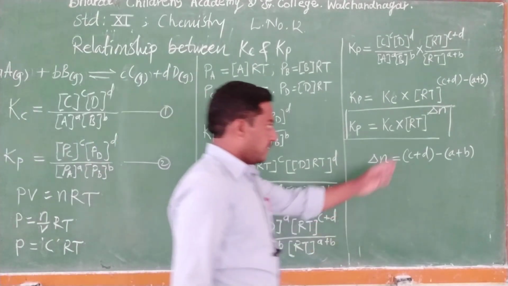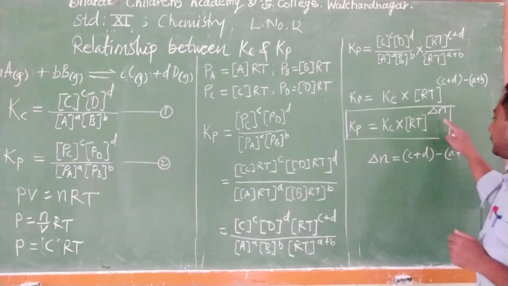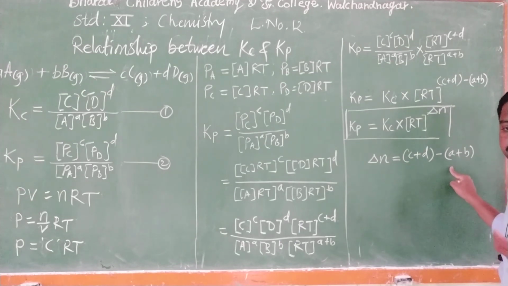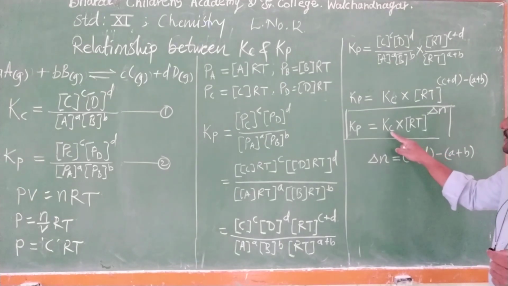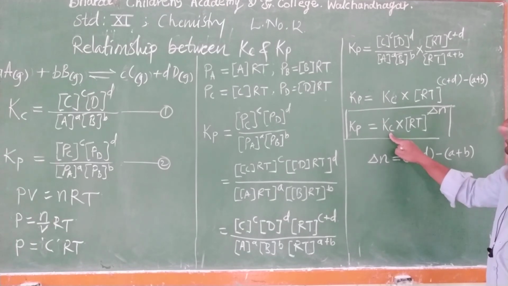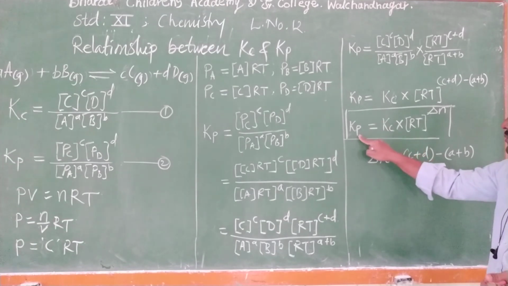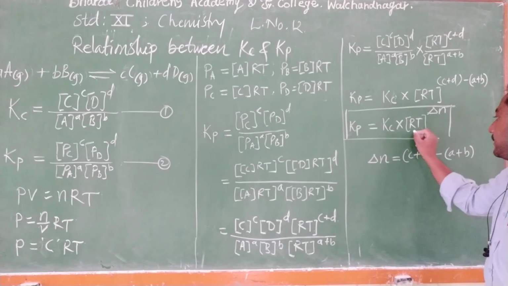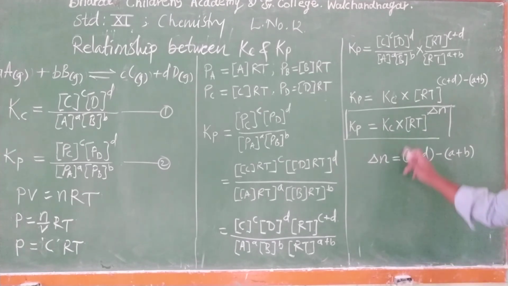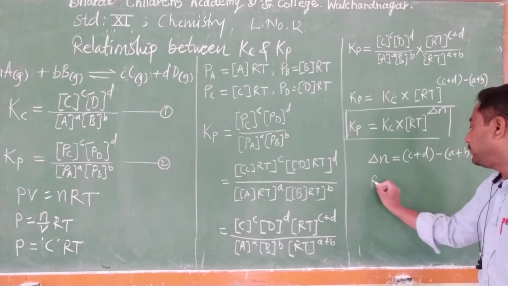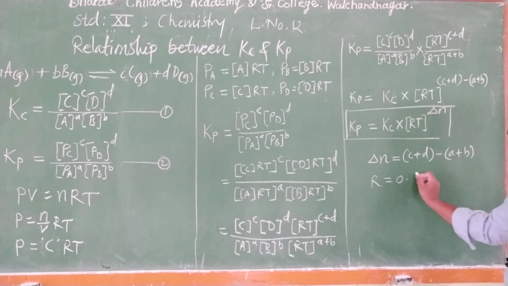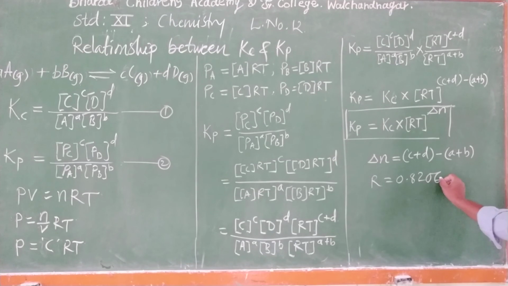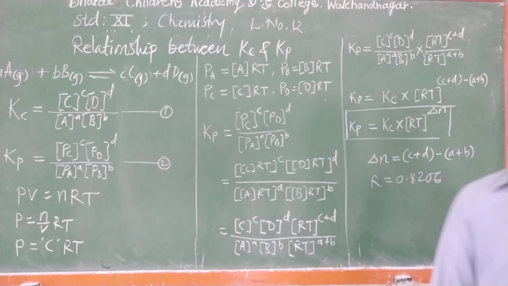In this case, as I told you, delta n is nothing but the change in the number of moles during the reaction, whereas this Kc will be the equilibrium constant if the reaction is at the aqueous state, and Kp will be the equilibrium constant once again for the gaseous state. This T indicates the temperature. T is for temperature, and then R is gas constant. R is referred as gas constant, and you know the value of R is 0.08206 in liter atmosphere, right?